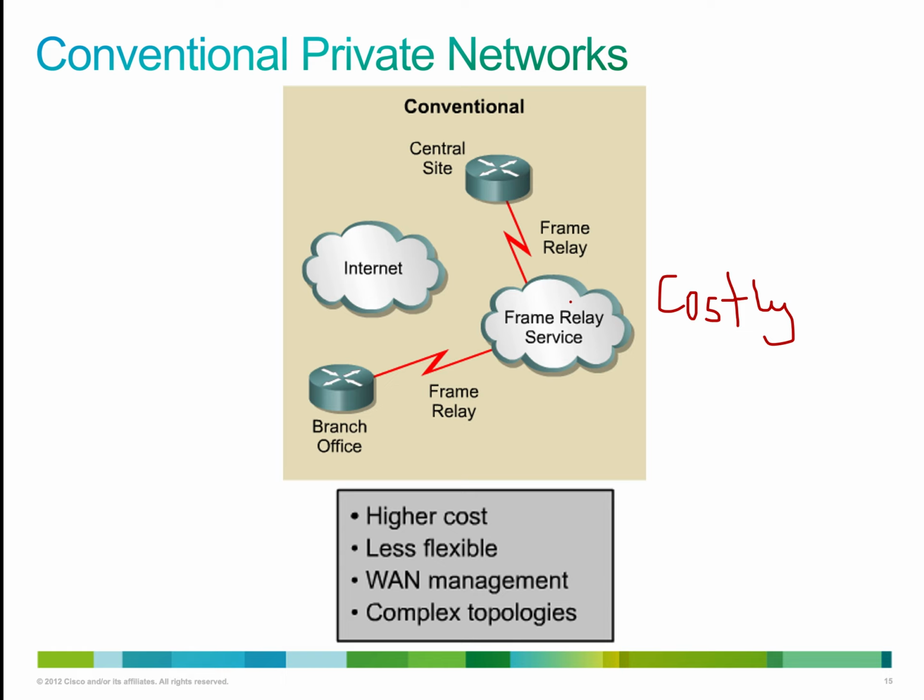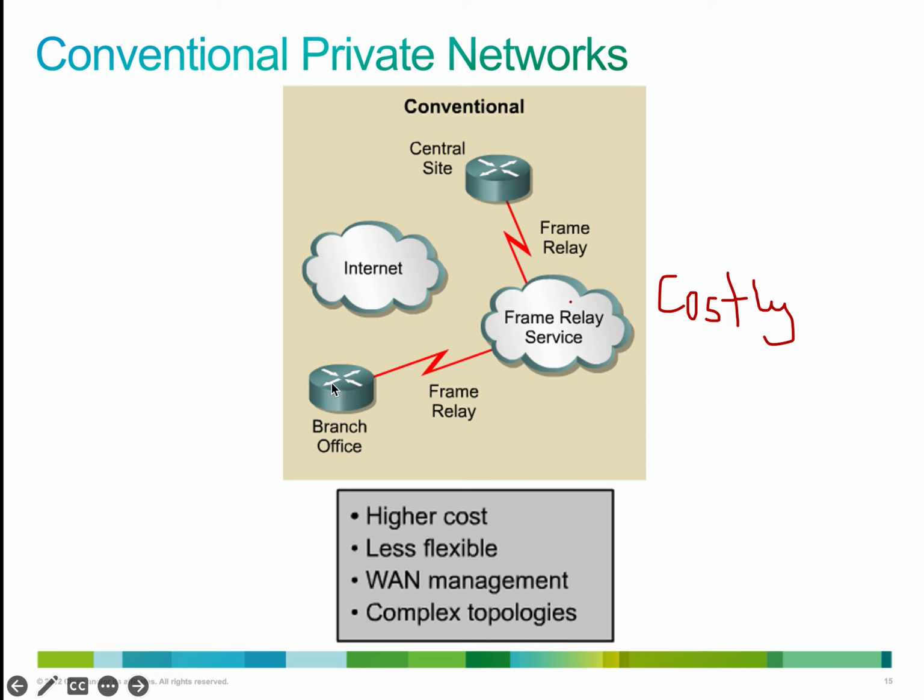VPN. We have a conventional private network. In a conventional private network, we always use what we call frame relay. This does not go through the public space. The public space, like the internet, is different. The head office has its own dedicated system, so to send something to its branch office using frame relay, they have to set up a frame relay service.